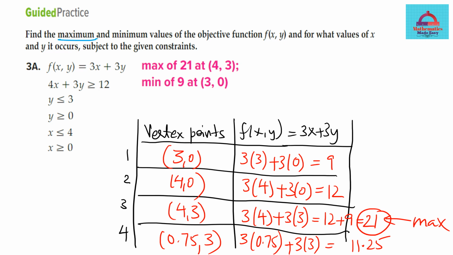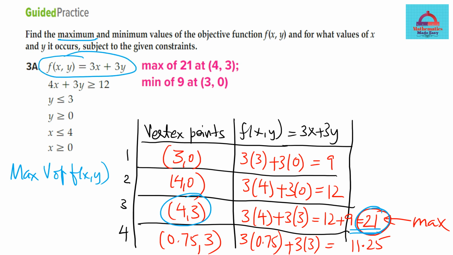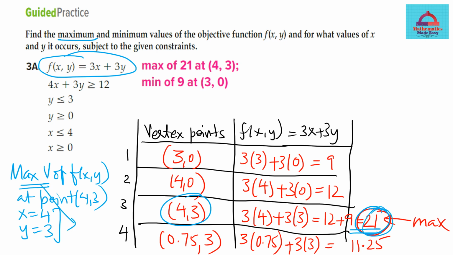Now let's calculate maximum and minimum. For maximum, there is only one option, which is this one. So the maximum value of the objective function f of xy occurs at the point 4, 3. That means at this point x is 4, y is 3, and the maximum value of the objective function, we already got it from the table, is 21.